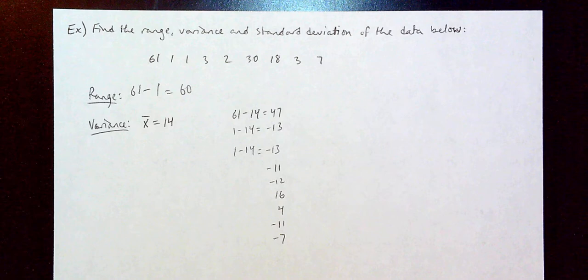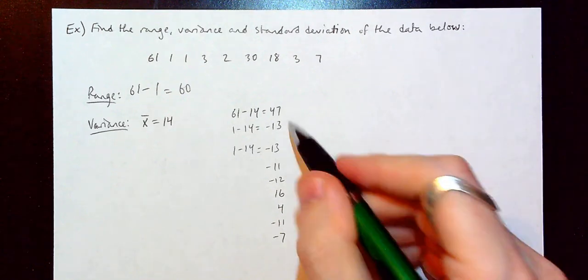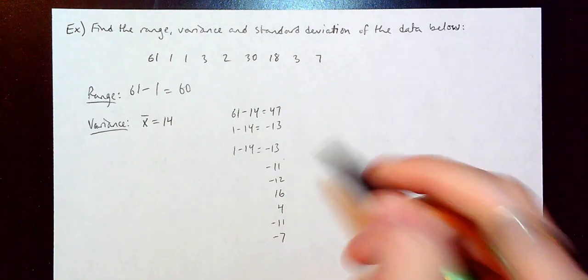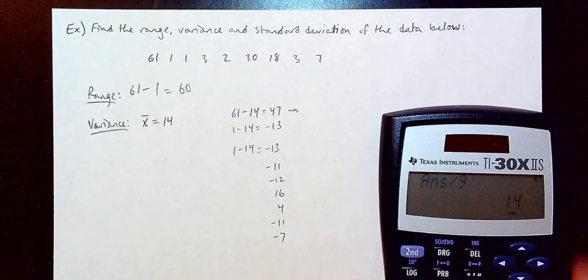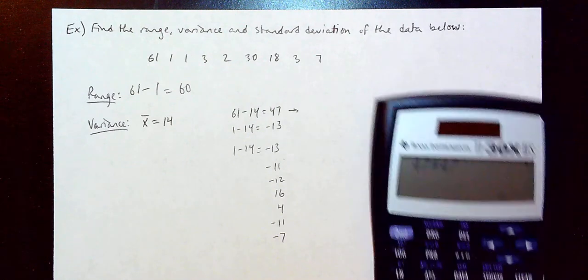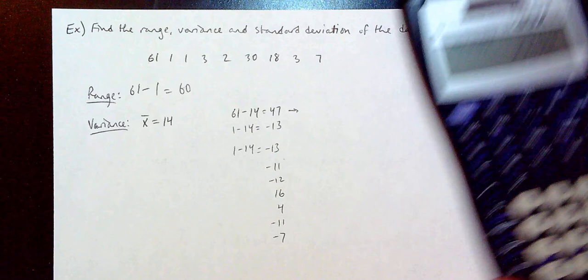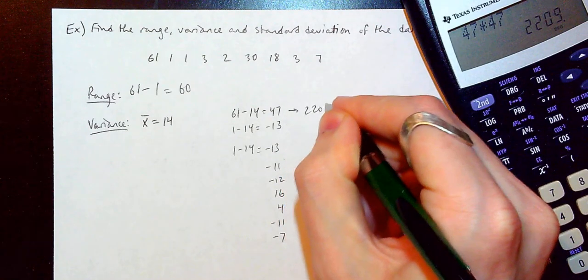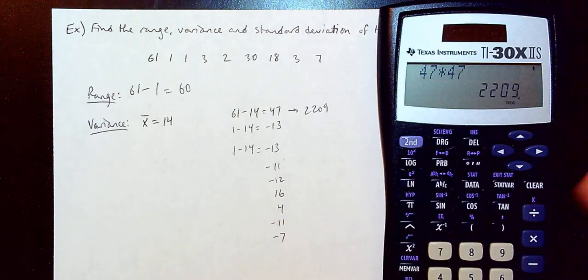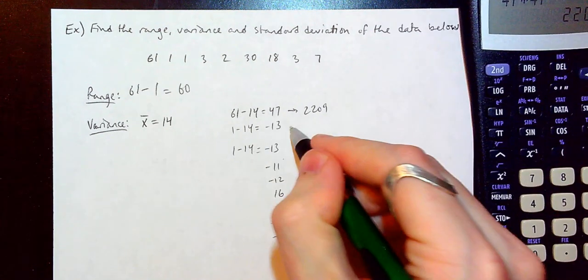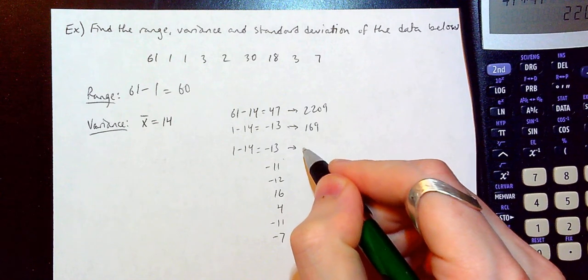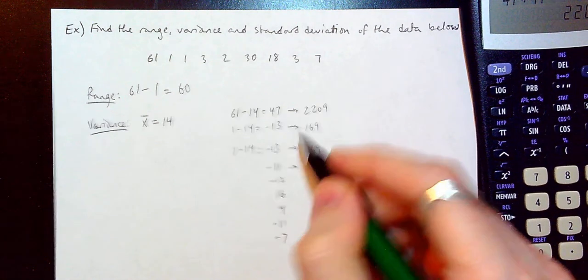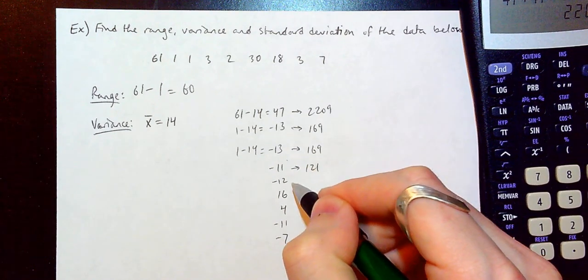Okay, next step, I'm going to square each of these differences that I got. So 47 squared, 47 times 47, is 2,209. Negative 13 squared is a positive 169. Negative 13 squared is a positive 169. Negative 11 squared is a positive 121.